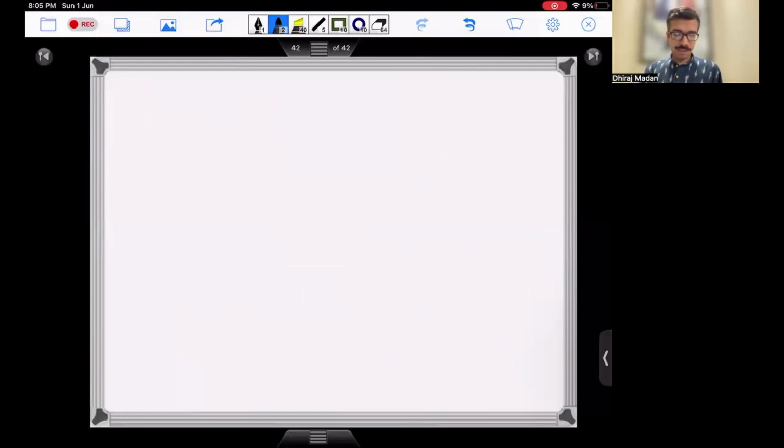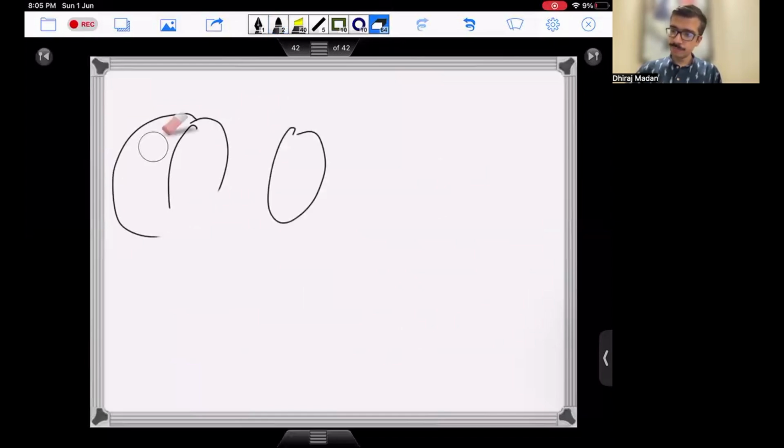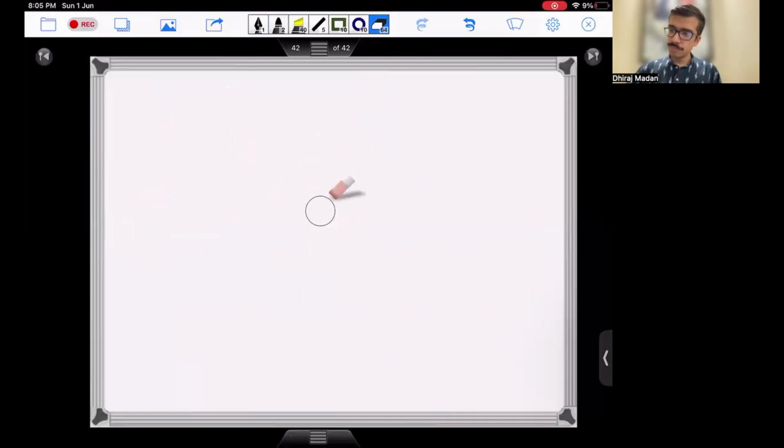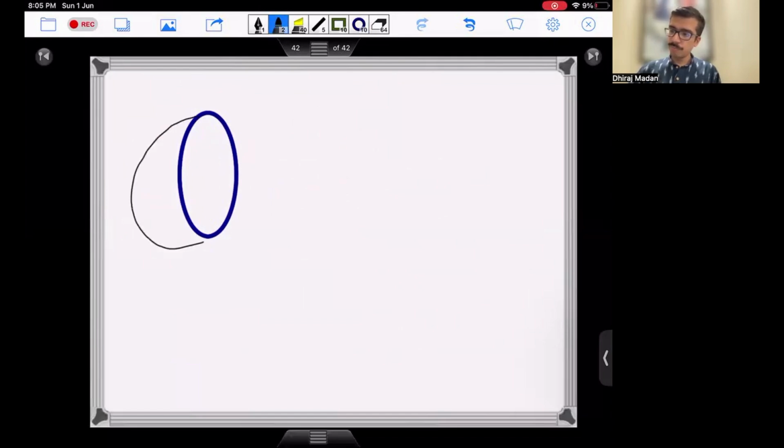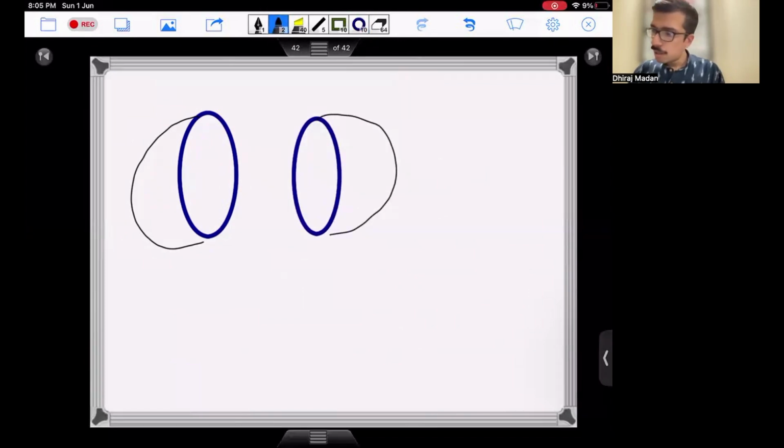Essentially, what we have is that there are these two hemispheres. Each of these has some charge density sigma, right?